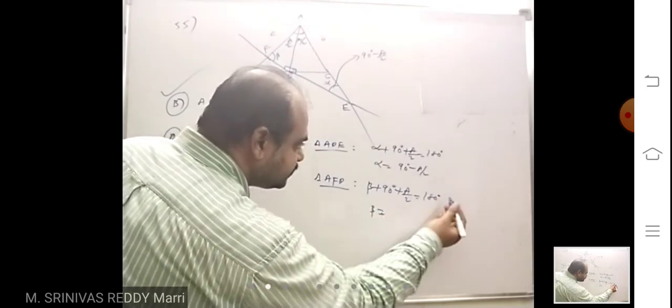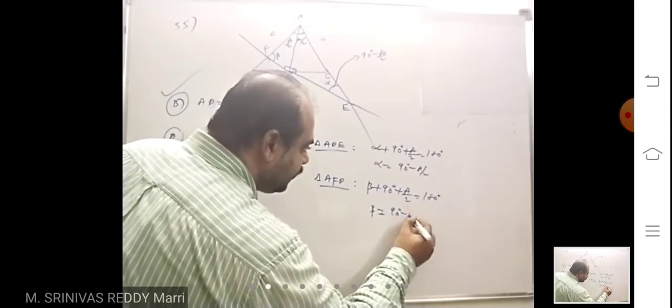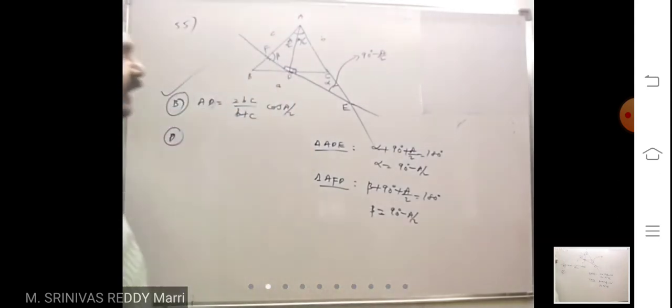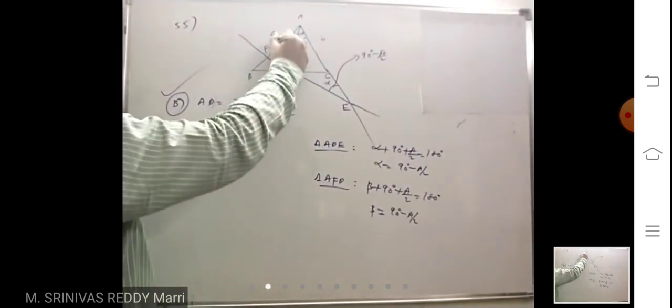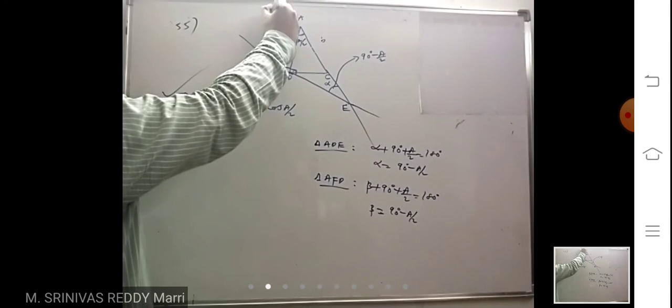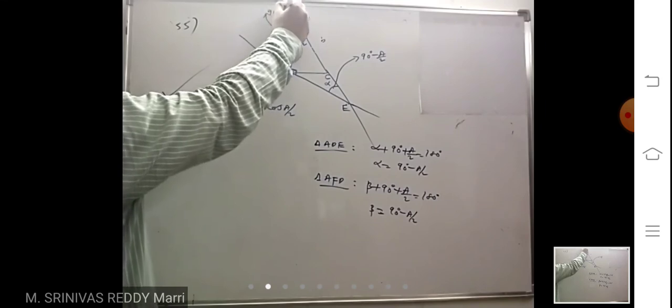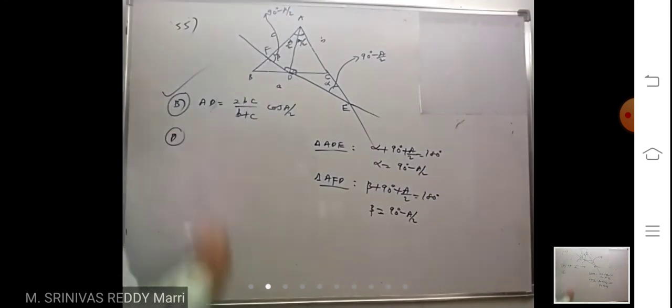Therefore beta is 90 degrees minus A by 2.